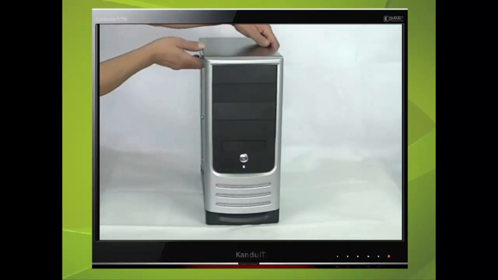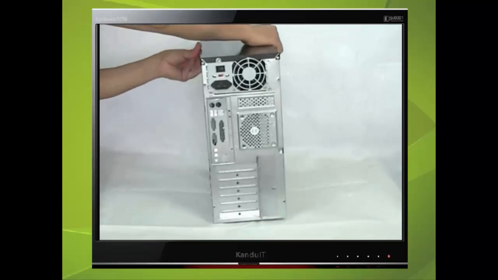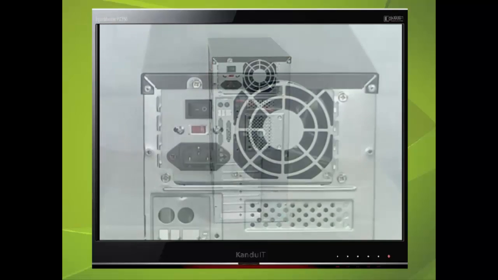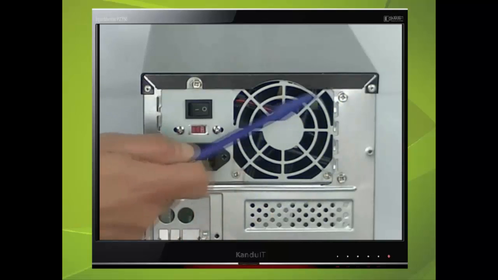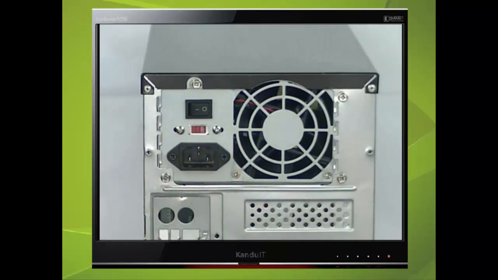At the rear of the computer you will find in most cases a power supply. This one is held in place with 4 screws. It should be pointed out that A, not all cases are supplied with an internal power supply, and B, which is very important, power supplies do vary in different power consumptions. The internal power supply has a main switch.